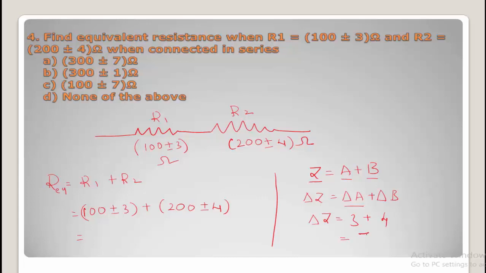So the error here is 7. And R1 plus R2 becomes nothing but 300, and the error in the equivalent resistance is 7. So option A is the right answer.